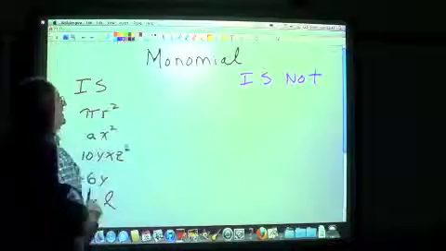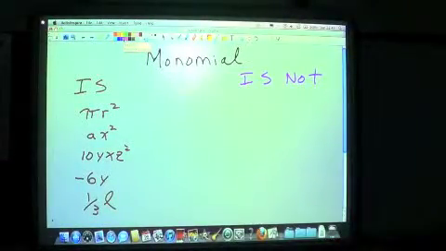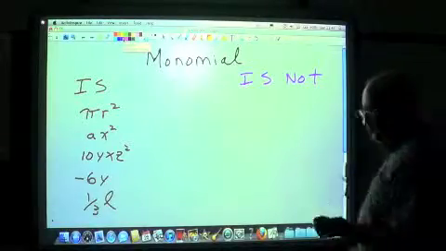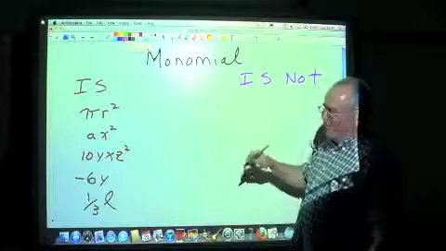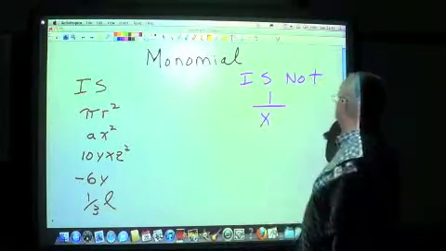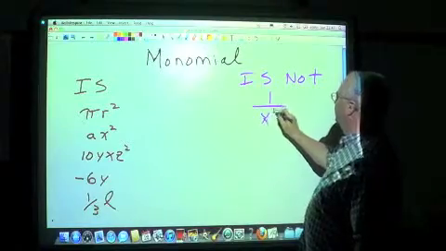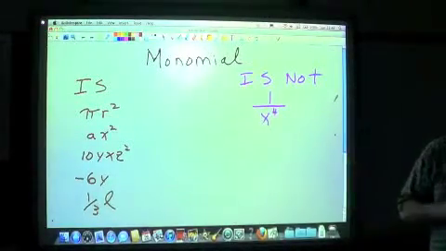Now let's go over here and let's describe what it is not. Now it said it could not have a variable that is in the denominator. So let's do that. If x is the denominator, that would mean it'd have to have a 1 over x. We could put a 4 there or whatever. Cannot have this.